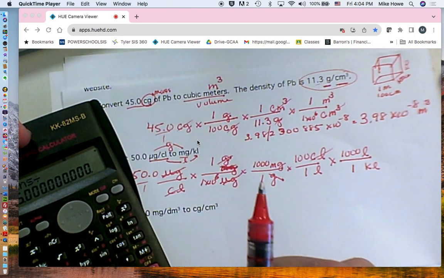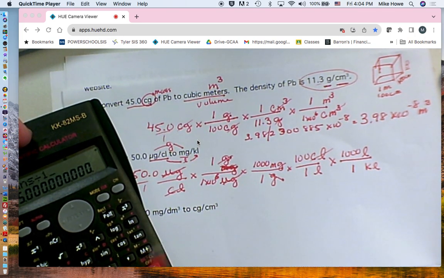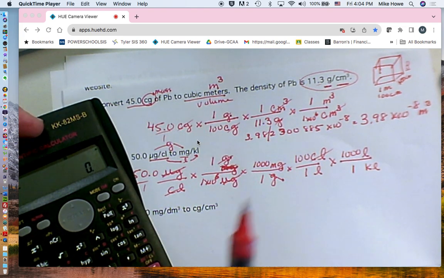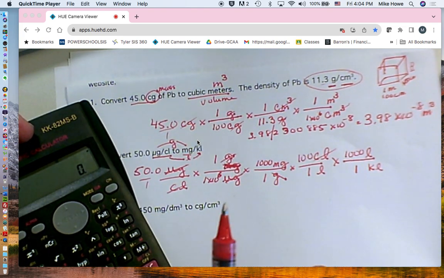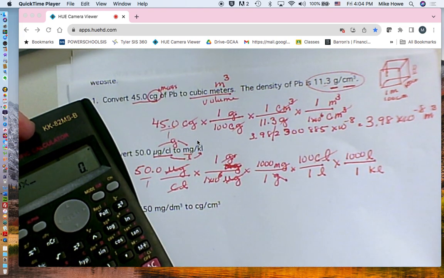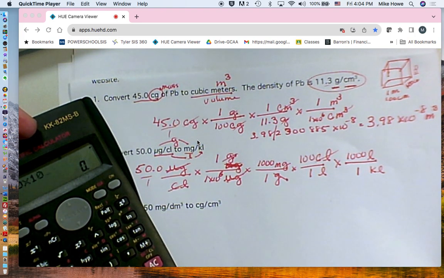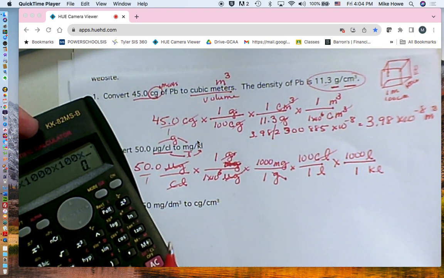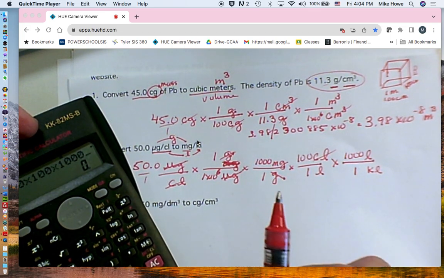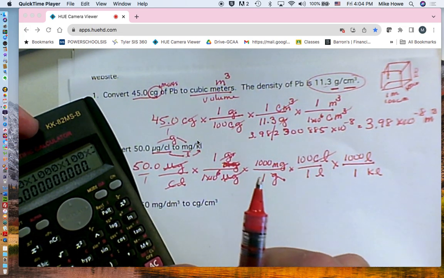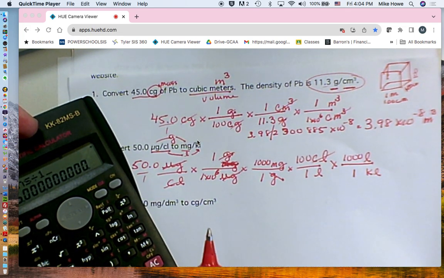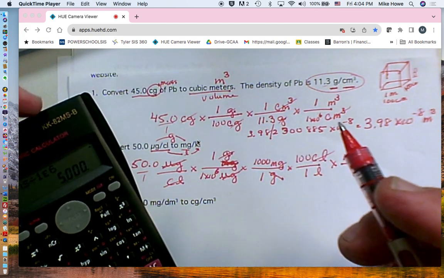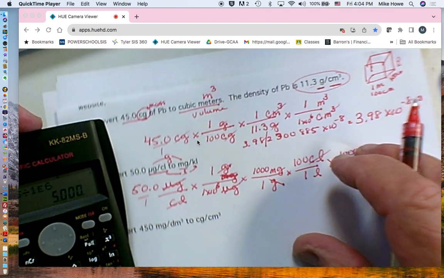Then I'm going to divide by 1,000,000. I thought I saw the wrong number pop up, so I'm going one more time. 50. Sometimes my calculator doesn't register a 0 when I hit it. All right, and then I divide that number by 1,000,000. So I get 5,000.